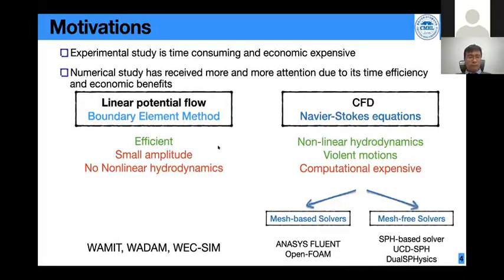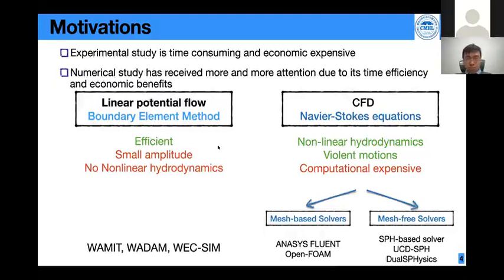Also, in recent years, the CFD approach, where the Navier-Stokes equation is solved, has received more and more attention due to the development of computer resources. The main feature of the CFD solver is that nonlinear hydrodynamics can be studied. Also, large motions of the structure can be investigated. However, compared with the linear potential flow, CFD-based approaches are computationally expensive.